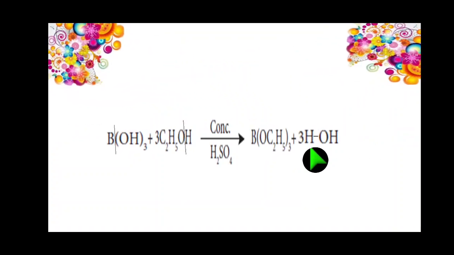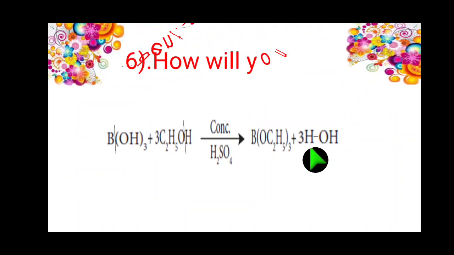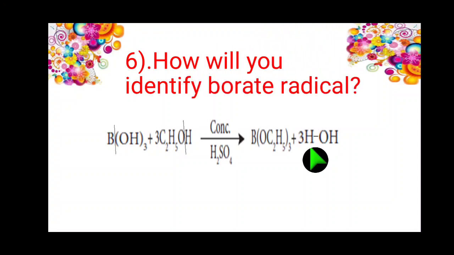Question number 6. How will you identify borate radical? When boric acid is heated with ethyl alcohol, C2H5OH, in the presence of concentrated sulfuric acid, right?